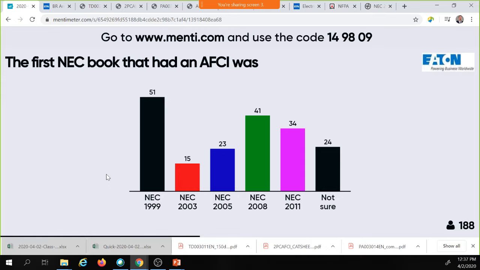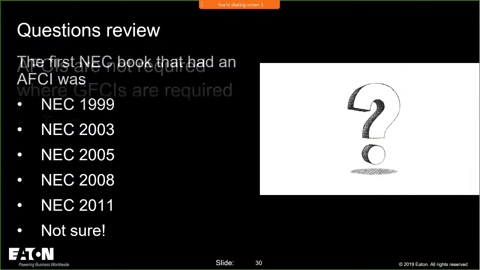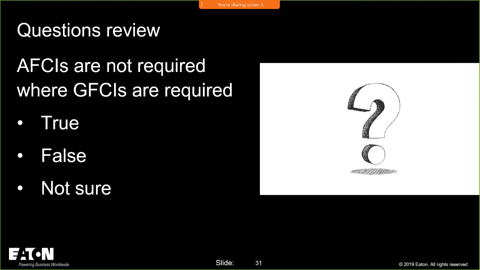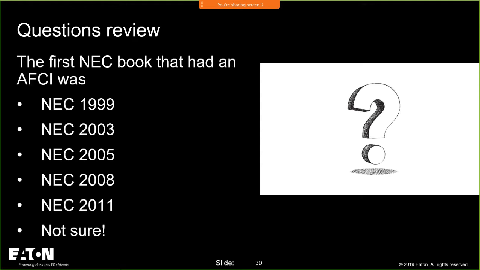And the reason that we had that was because they realized that it's not just the receptacles creating some issues. It's any of those wires that are installed behind the walls. So the answer to that is 1999.